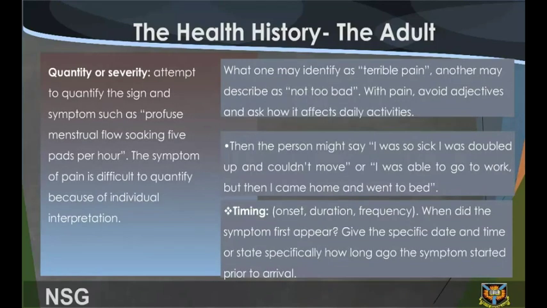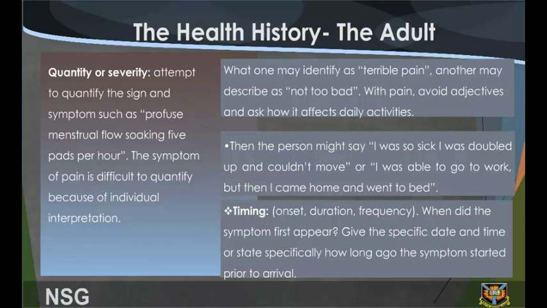Quantity or severity. Attempt to quantify the sign and symptom, such as profuse menstrual flow, soaking 5 pads per hour. The symptom of pain is difficult to quantify because of individual interpretation. What one may identify as terrible pain, another may describe as not too bad.